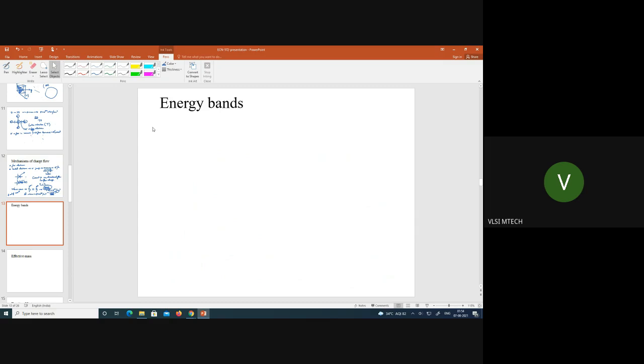So you must have seen this picture where we draw energy bands, something like this. You must have also encountered this during the quiz. Right, something like this, where this is the electron energy.